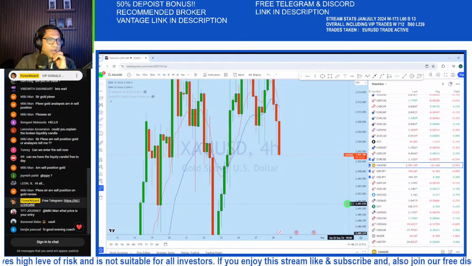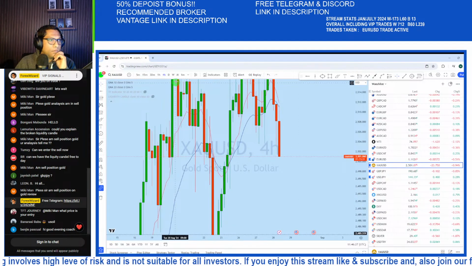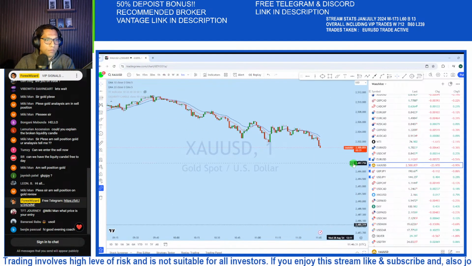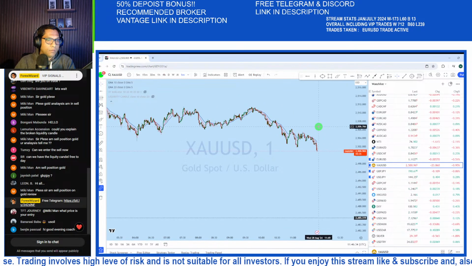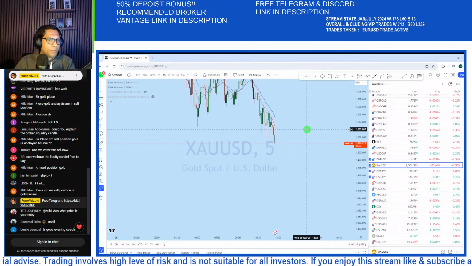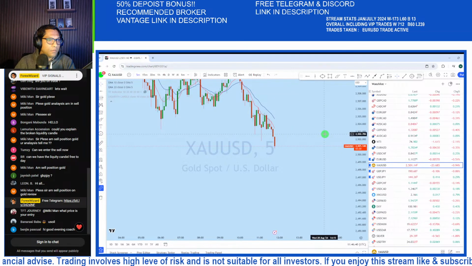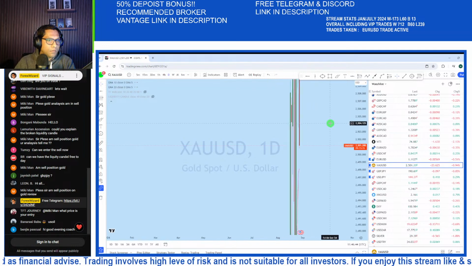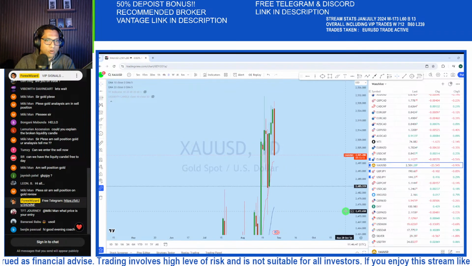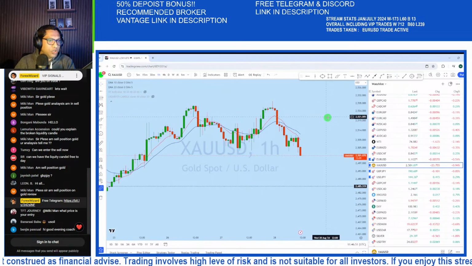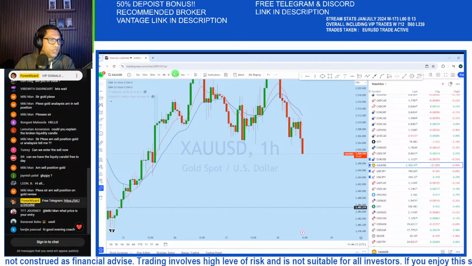So gold has broken the support completely. If we look at the daily chart on gold, we might see a certain potential drop in that direction.